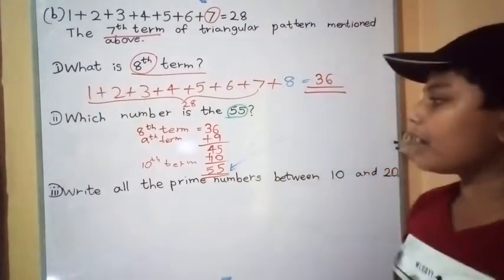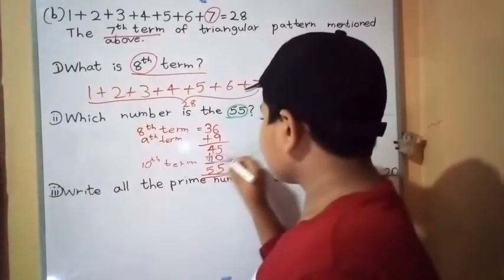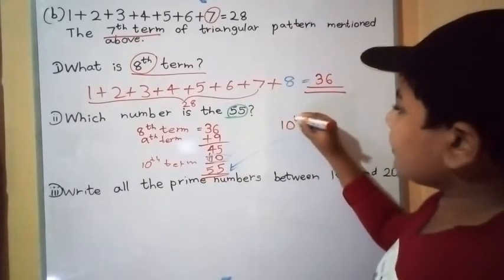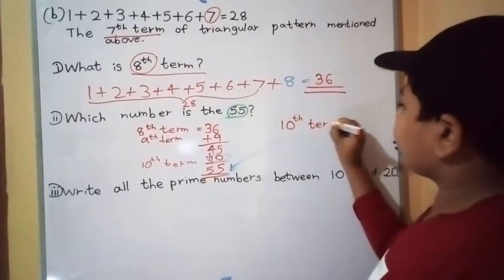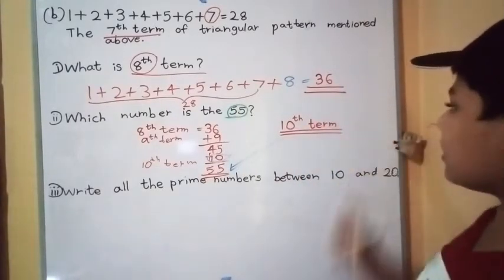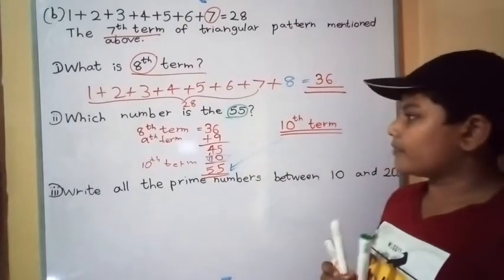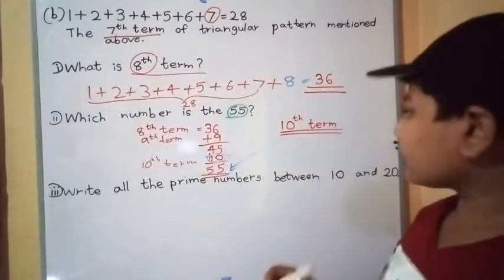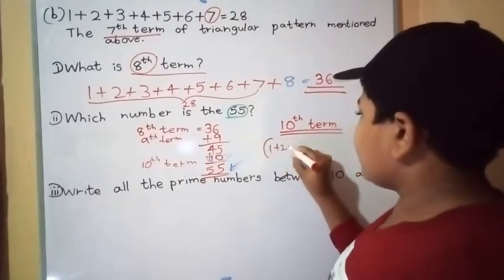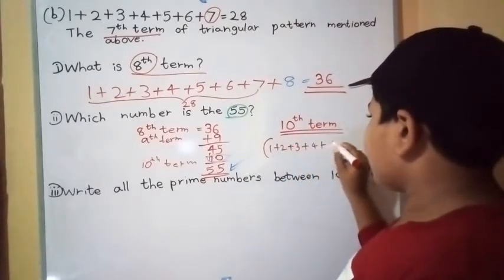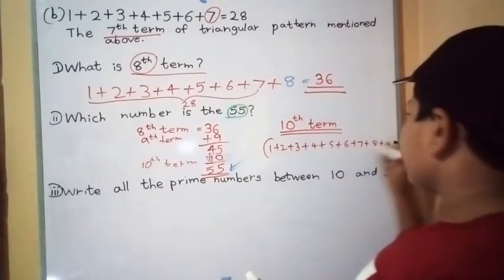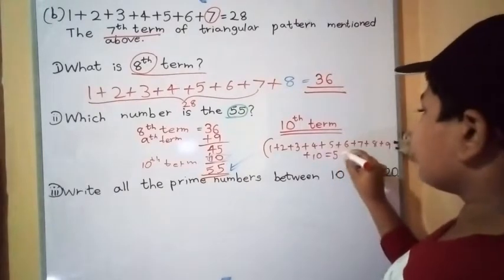Now what is the term? You can write the 10th term. The 10th term is the answer. You can write the extra one also: 1 plus 2 plus 3 plus 4 plus 5 plus 6 plus 7 plus 8 plus 9 plus 10 means 55, like that.